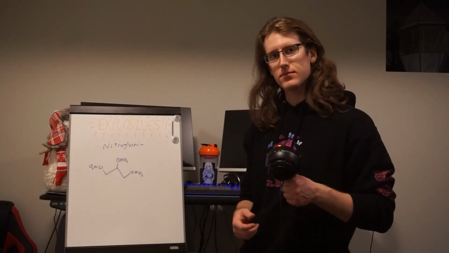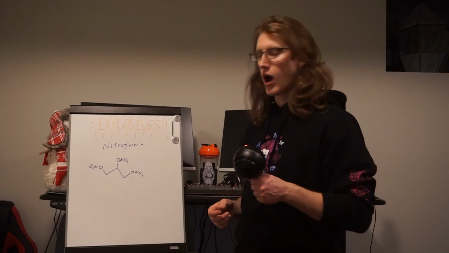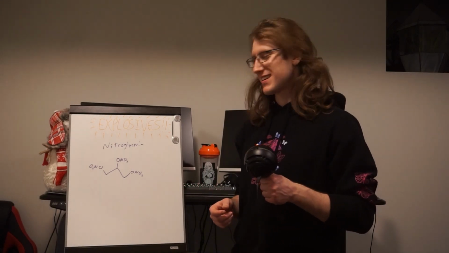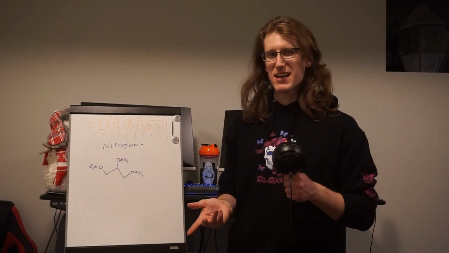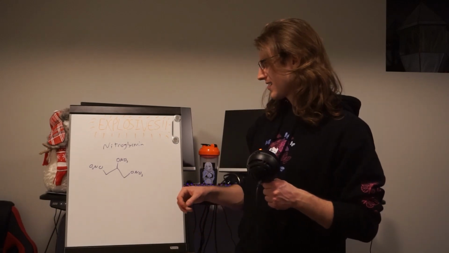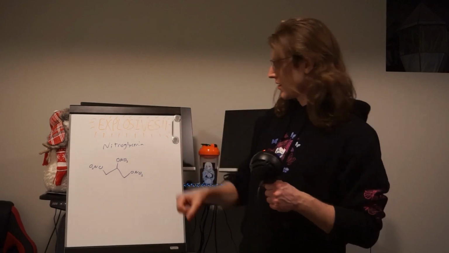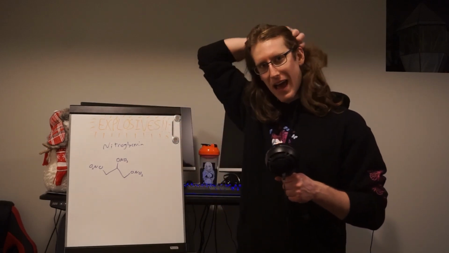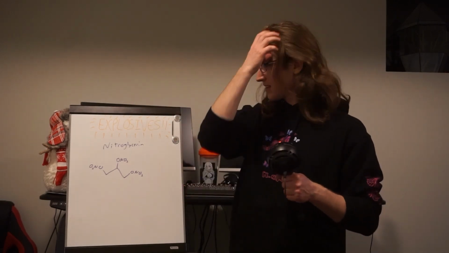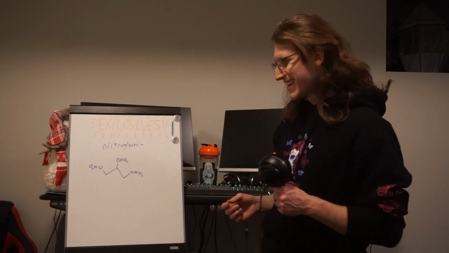Those nitro groups are also probably really not happy. Because those nitrogens have 4 bonds. Nitrogen likes to have 3 bonds, not 4. It's real angry. It's gonna blow up.